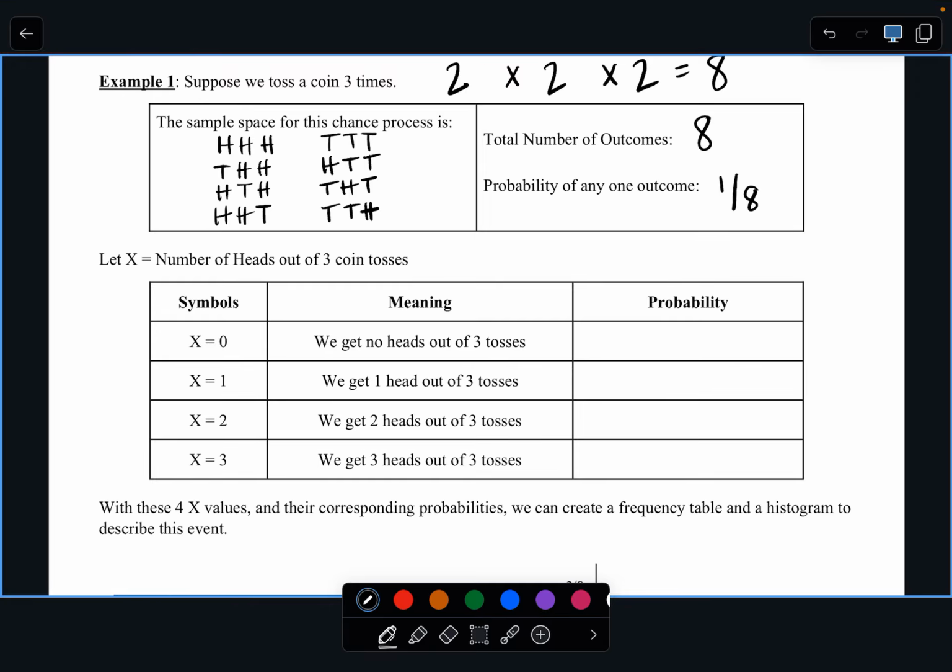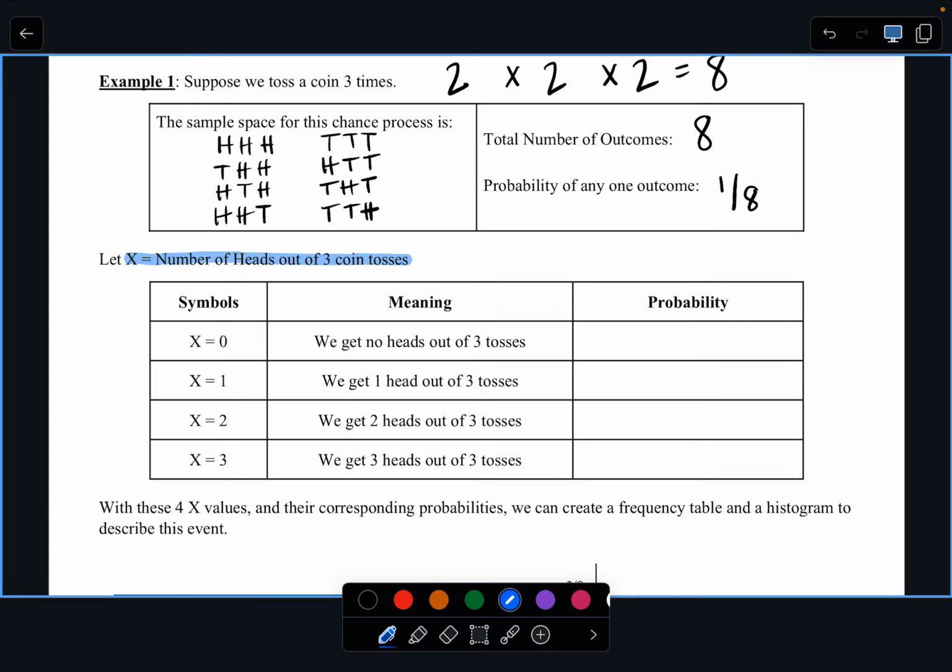We're going to formalize this in just a second, but typically for random variables, you define it with a capital letter. X is the most common one, but you could choose anything you want. I usually use X, Y, Z. Then you define what you are actually looking for. In this case, we are looking at the number of heads out of 3 coin tosses.